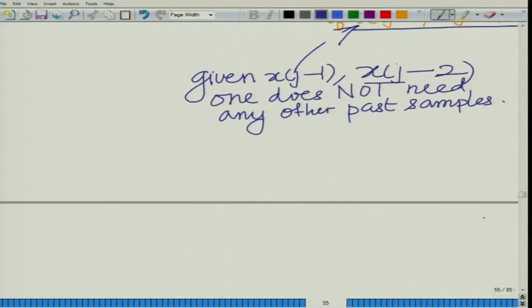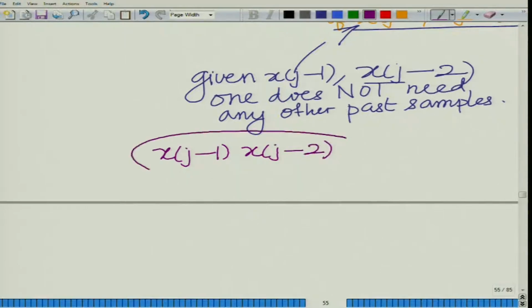So what we are saying is that xj minus 1, xj minus 2, if you view this as a collection of 2 bits, represents the state of the encoder.